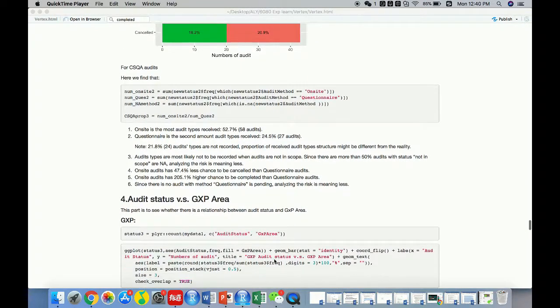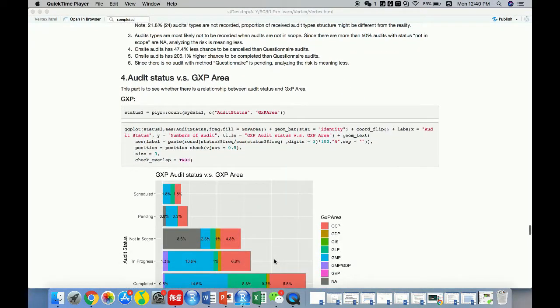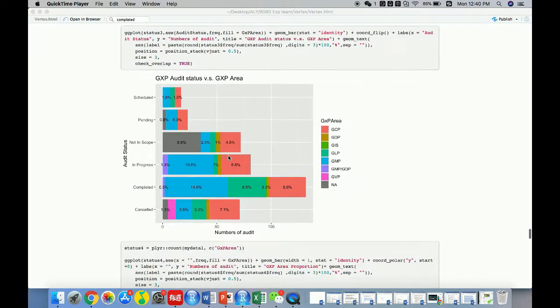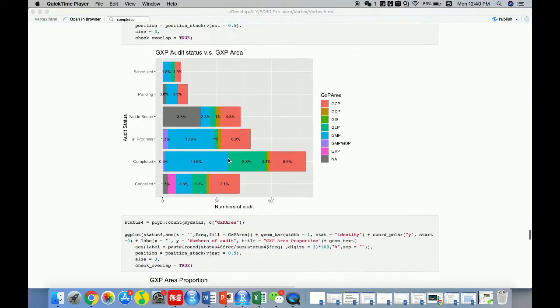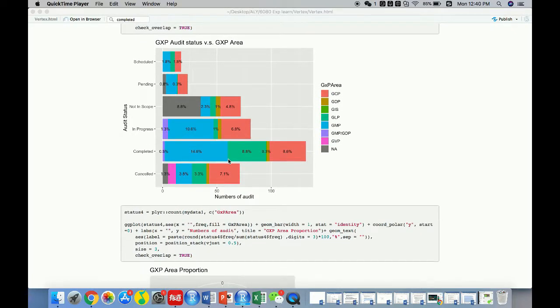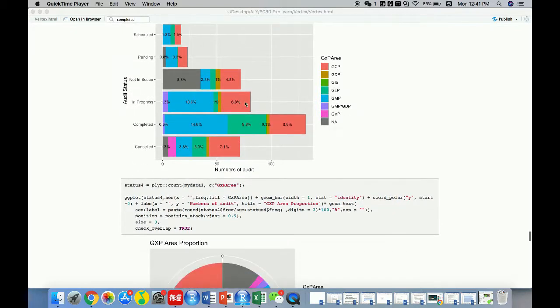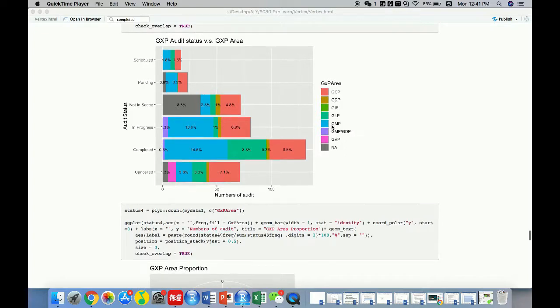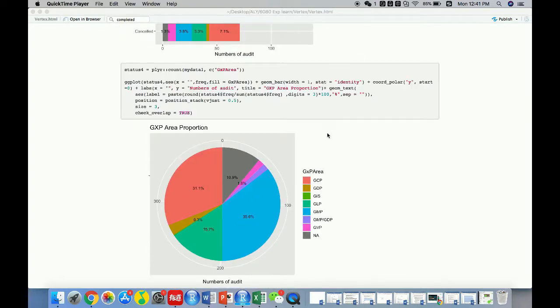For the final part, I analyzed the audit status versus GXP area. This graph shows that there are many GXP areas, but most of them are GMP, in blue, GLP, and GCP. Others only contain less than 5% of the audits. So we're going to analyze those three to find out their relationships.